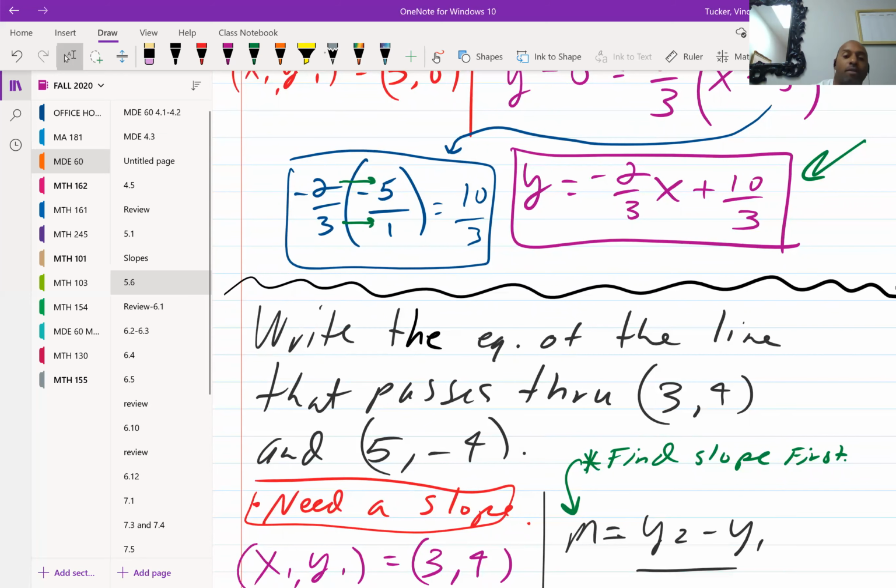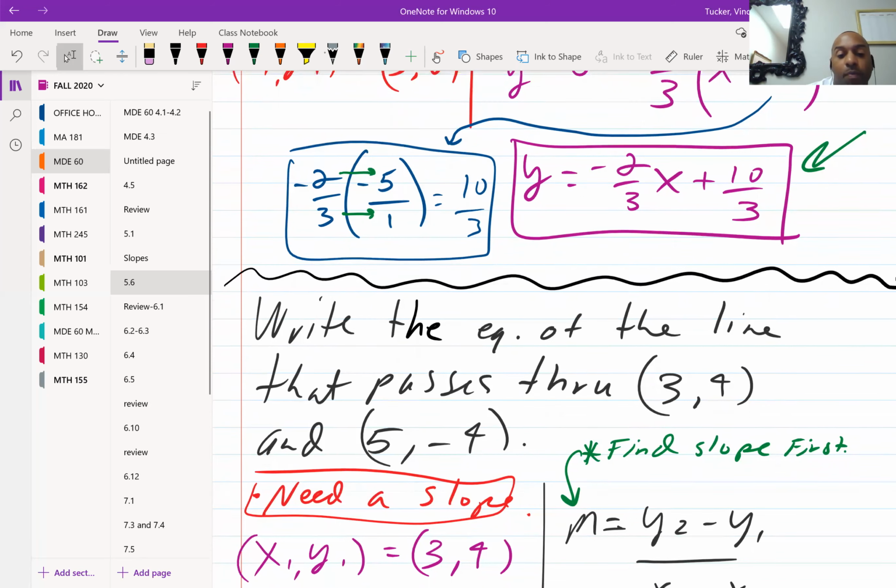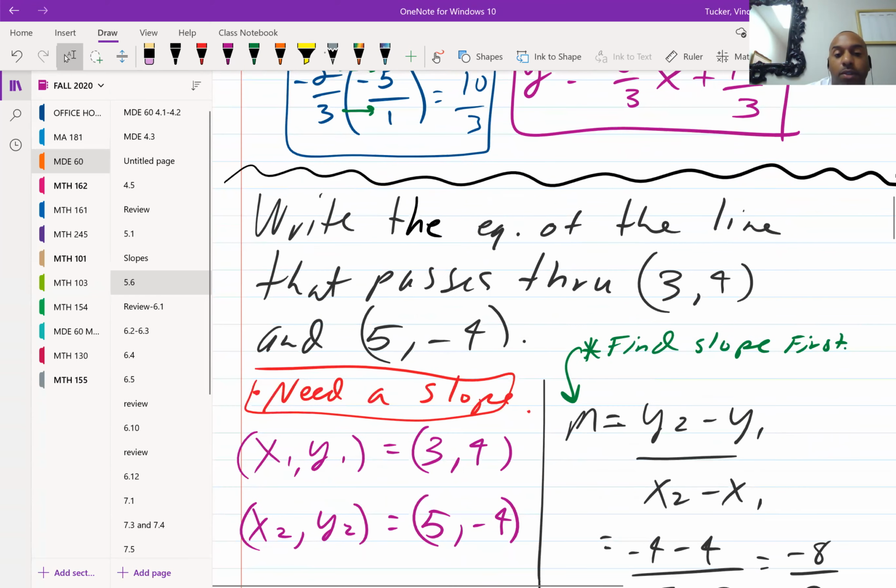This time we don't have a slope, but we do need a slope. So they gave us 2 points. I call the first point that I saw x1, y1, second point x2, y2. All right. So we will use our slope formula, y2 minus y1 over x2 minus x1 to find the slope first. Slope that's created by the line that has the 2 points in it.